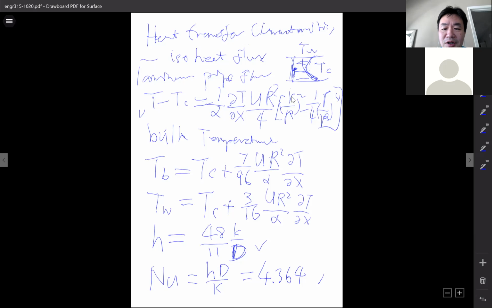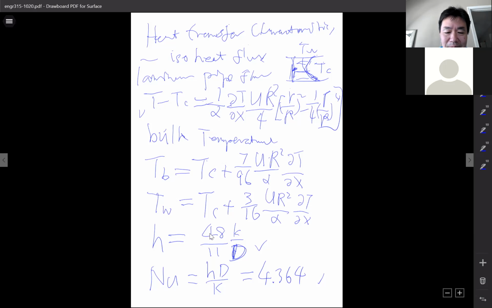It's only a function of radius. Any location has a distance to the center of the pipe, which is the lowercase r here. Then you should be able to calculate the temperature. We also introduced the bulk temperature. The bulk temperature is used a lot in industry applications. It's basically the average temperature.